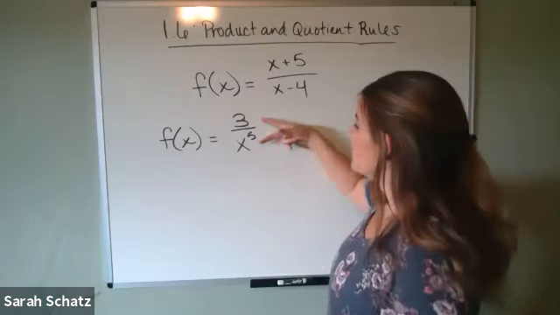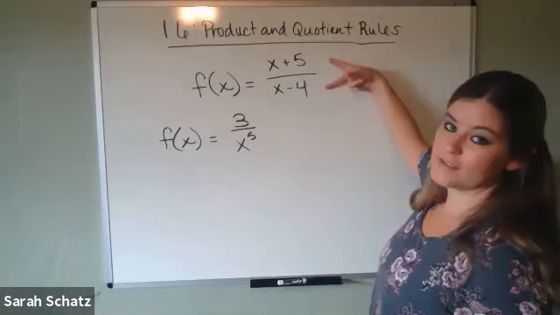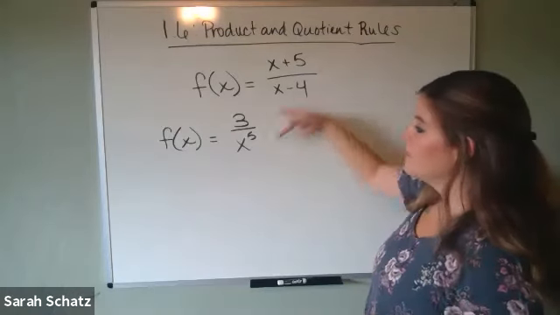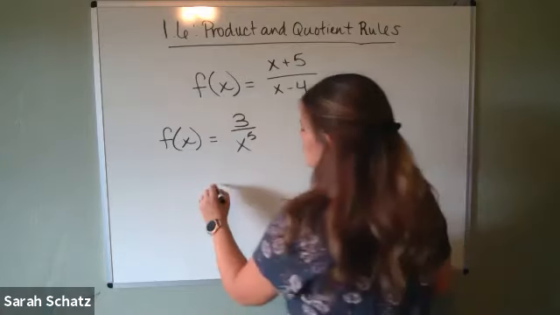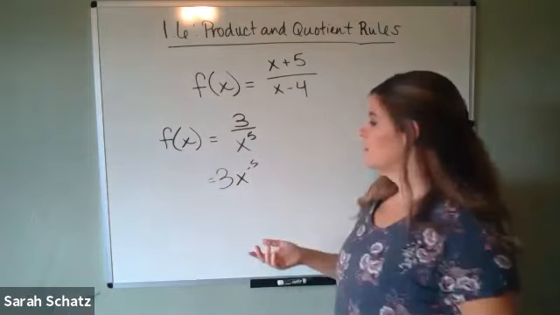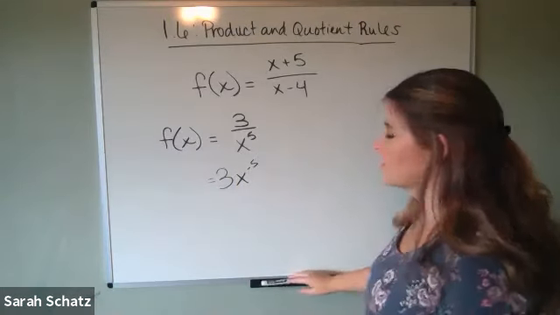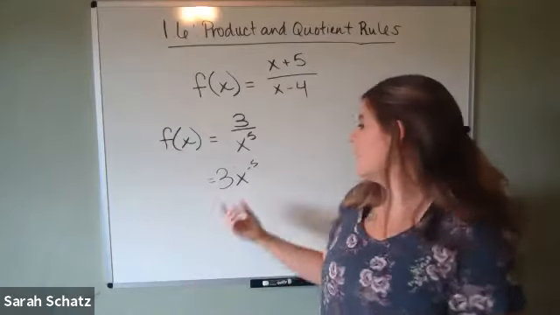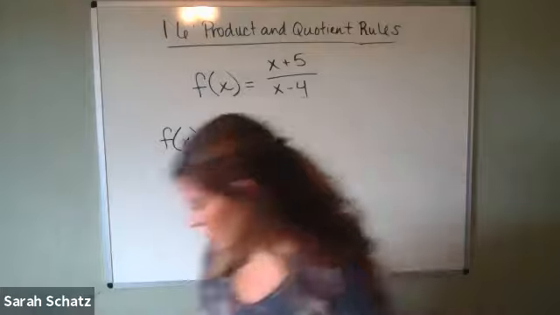So you have to be able to tell the difference between something like this and something like this. Yes, quotient rule all day long. This, I would just rewrite this, right? And use the power rule. I would call this 3x to the negative 5th. And then I would take the derivative with the power rule. So basically the difference between a quotient and just something with a coefficient. So we're being careful there.